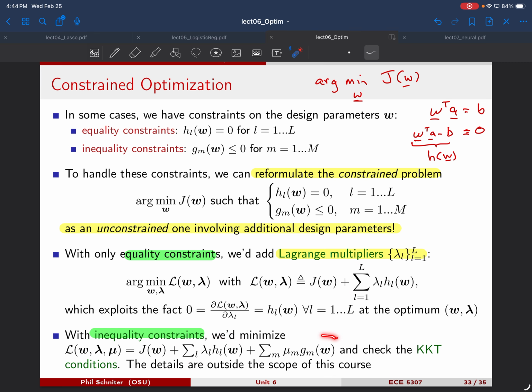But now I've added another term to handle the inequality constraints. The term has the same form: you have some new parameters, mu, that are multiplying those inequality constraints, and now you have to optimize over w, lambda, and mu. But there are a few additional conditions that need to be satisfied on the mu's, and those are described by what are known as the KKT conditions.